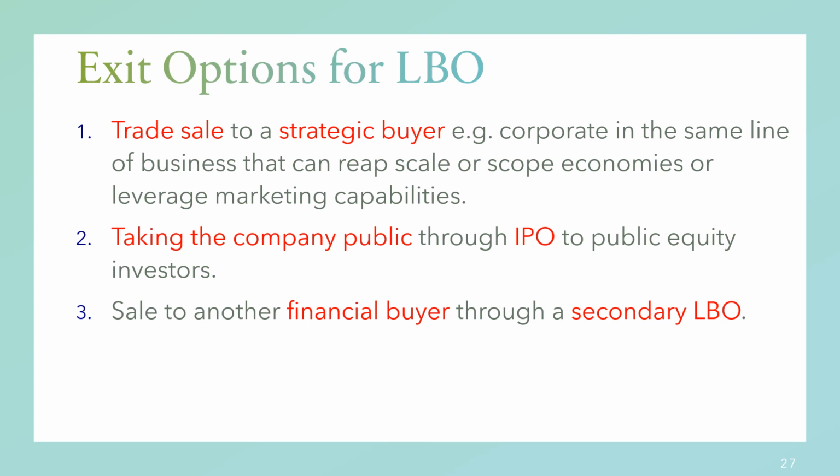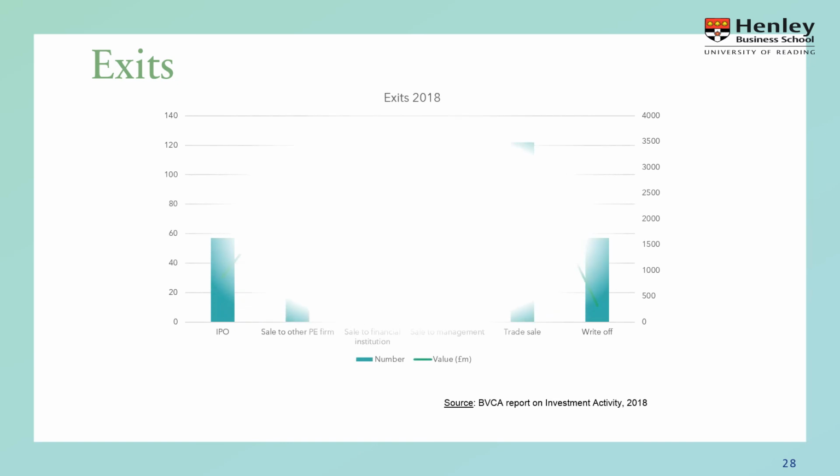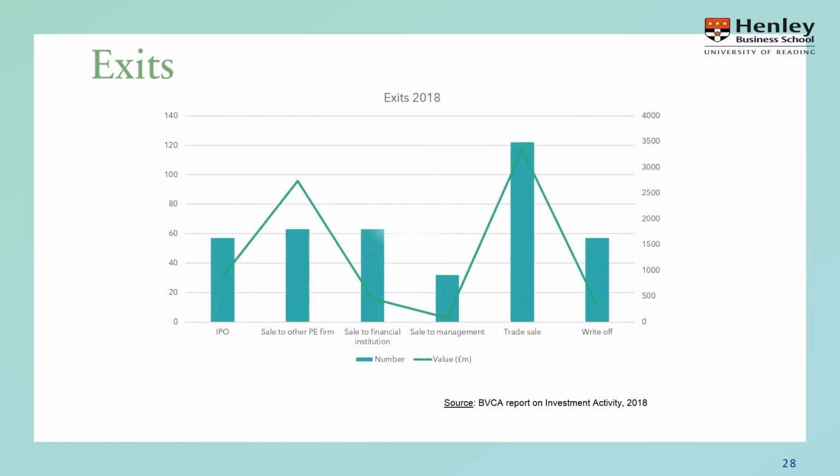And third, sale to another financial buyer through a secondary leveraged buyout. According to statistics from BVCA in 2018, trade sale is the most popular exit strategy for leveraged buyouts.